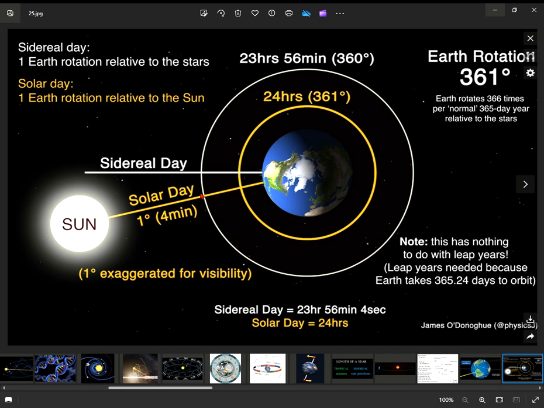Therefore, the Earth needs an additional 5 days, 0.24219 of a solar day to complete the illusory 360-degree orbital circle.